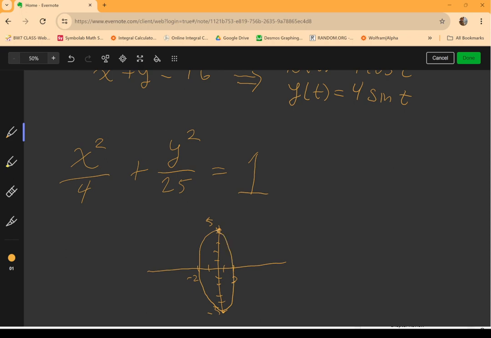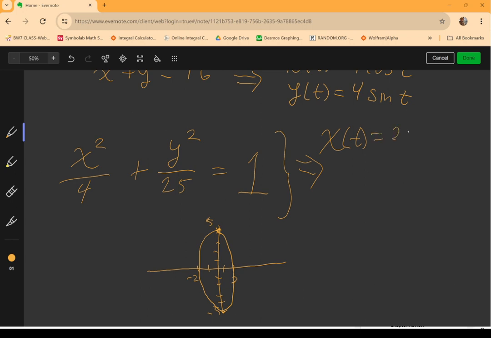The one difference here is that before we had just a radius. We don't have a radius here. We have a different change in the x and the y. It's an ellipse, kind of like an oval shape. So the parametrization for something like this will always take the form, for my x of t, I'll still use the cosine, but instead of having the same value for the x and the y, it's going to differ. It depends on what you're dividing by. For this being 4, I'll take the root of that.